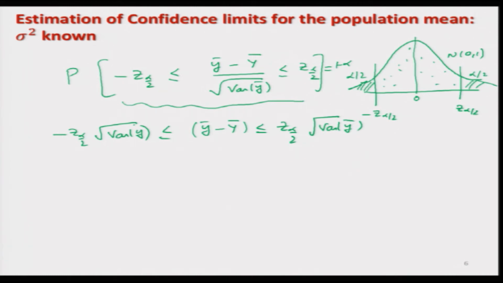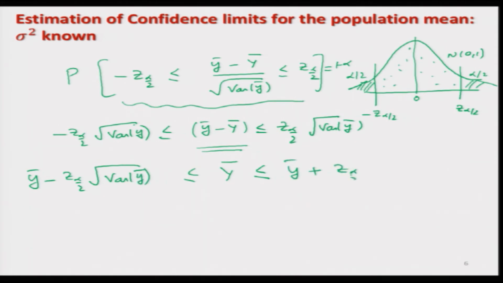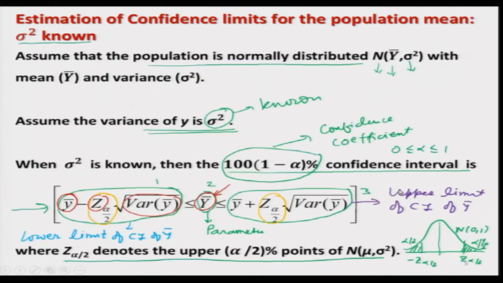And now, if you try to solve this quantity, what will be the limits for this capital Y bar? You will see here this is y bar minus z alpha by 2 square root of variance of y bar and y bar plus z alpha by 2 square root of variance of y bar, and this is the same result which is given here, you can see here.